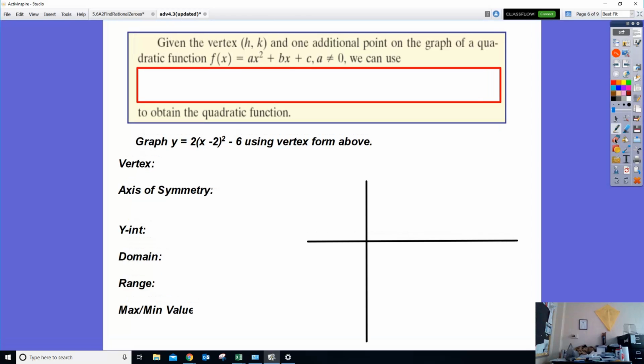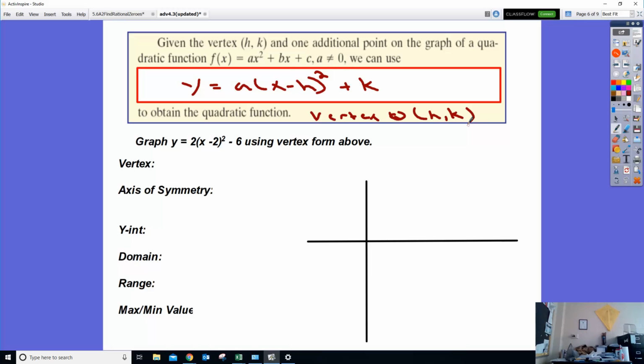Vertex form for a quadratic is y equals a times (x minus h), quadratic, so what has to be done with that piece? Squared, plus k. The vertex is at (h, k).